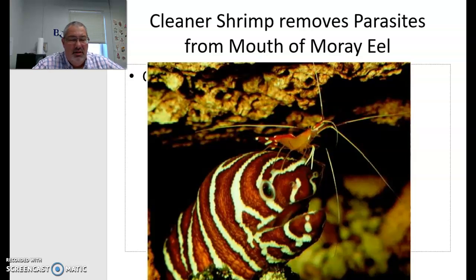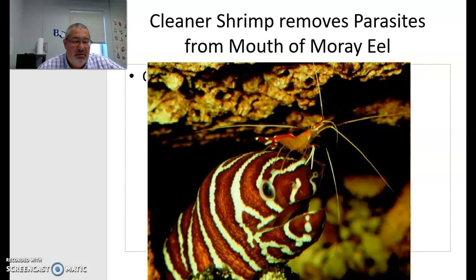Another type of general mutualism is feeding stations on coral reefs, where fish, predators if you will, come and allow prey animals like smaller fish or even shrimp. They allow these smaller animals to clean parasites from their mouth and gills.